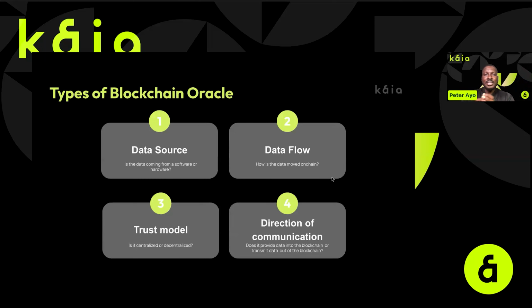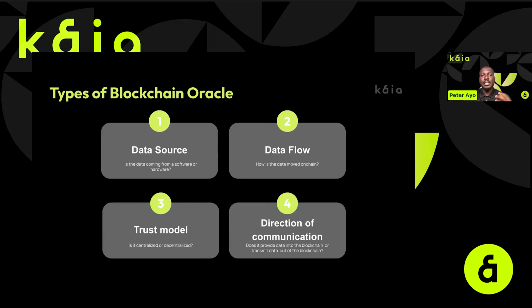Now, the next on the list is what are the various types of blockchain oracles? So for this session, we are going to be classifying the various types of oracle into various parameters. The first on the list is data source. Now, is the data coming from a software or a hardware, right?